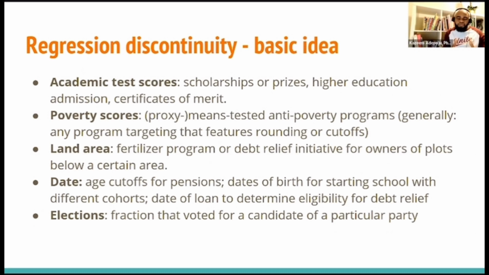What of those who turn 5 maybe 2 or 3 days after the school resumes? Definitely they are not going to be considered. Understand that kind of stuff. There are other examples like that in elections, where you talk about the fraction that voted for a candidate of a particular party.